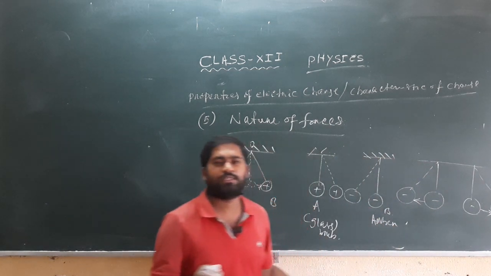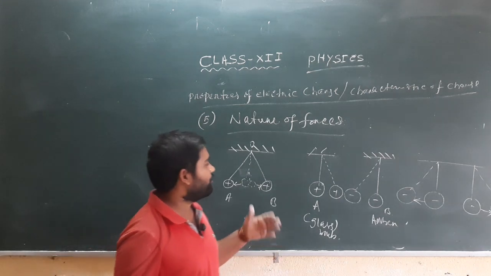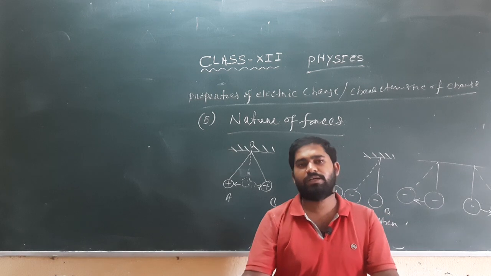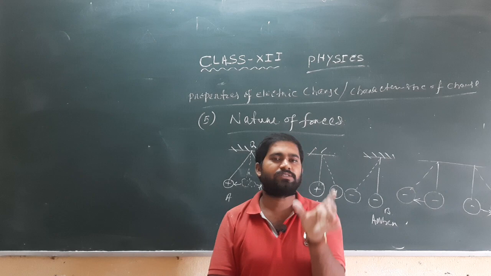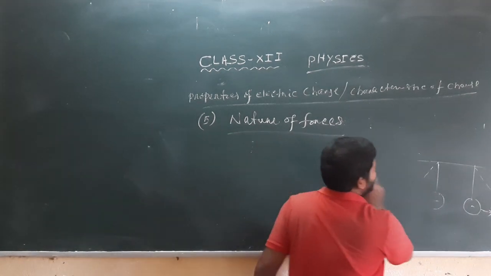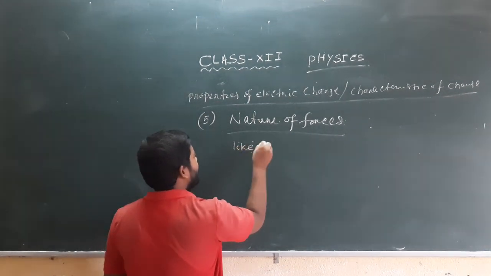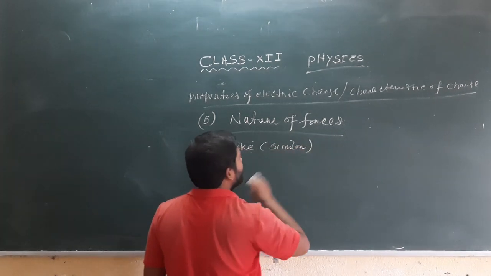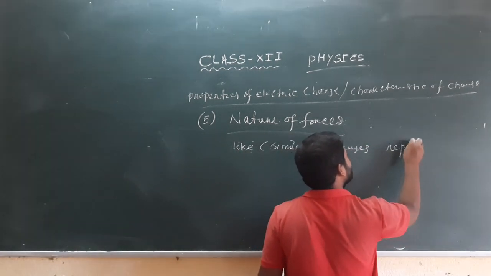So that's why we can say there is a repulsive force when we place two similar types of charges close to each other, and when we place two dissimilar types of charges close to each other, they experience an attractive force. So the nature of force between two electric charges is that like charges, that is similar charges, repel each other.